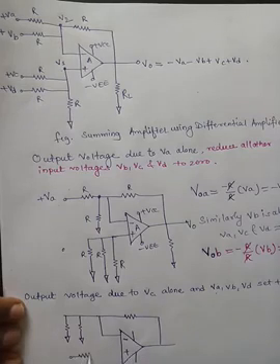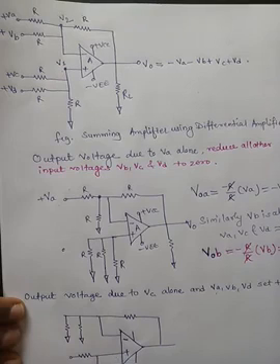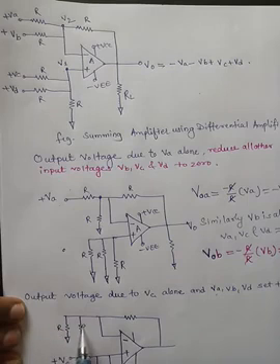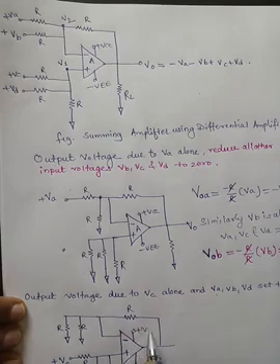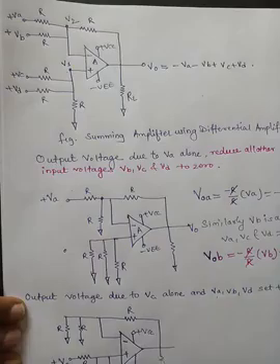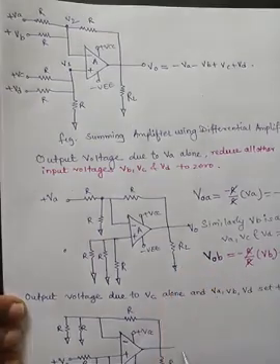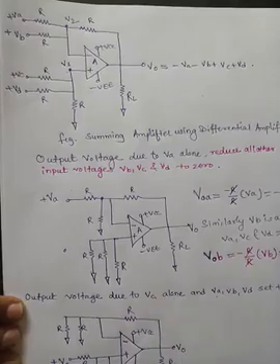Only VC is present, plus VC, and VD is equal to 0. This is R, and this is RL. We want to find the output voltage.